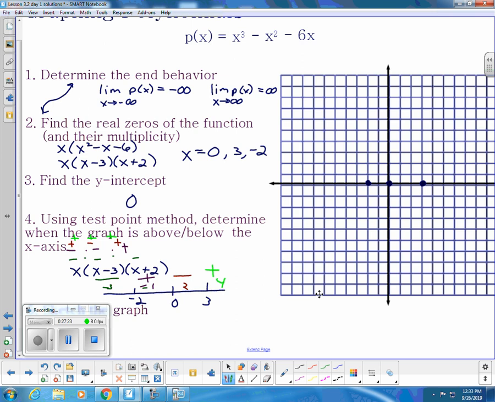These are all simple roots, so that sign chart should alternate, okay? But we already know from our end behavior that we're going to start low in the negatives and end high in the positives. You see the sign chart, we're starting negative and we end positive. We knew that already. All right. So let's go to graph this. They're all simple, so we're just going to sketch.